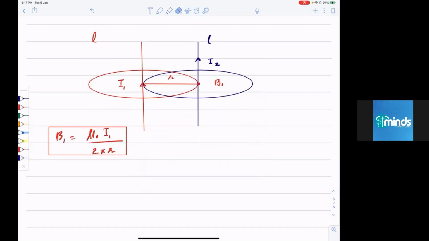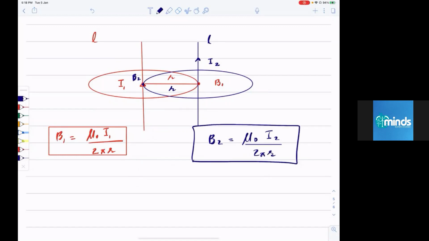Since its current is different, the strength of the magnetic field at this point should also be different. That strength should be B2. But the distance will remain R. I hope all of you agree, sir, distance is R. So the value of B2 is mu naught I2 over 2 pi R.